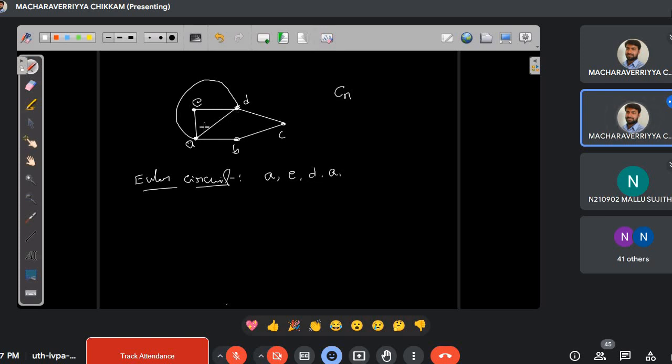Now let me look at this graph. The degree of E is 2, A is 4, D is 4, B is 2, and C is 2. So every vertex is of even degree, and there is an Euler circuit. What is that Euler circuit?